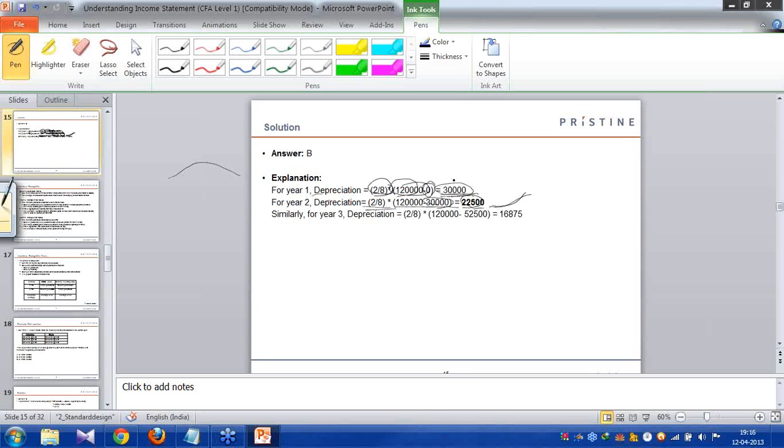Congrats. And then for the third year we can even proceed this way. The accumulated depreciation will be 30,000 plus 22,500, which gives 16,875. You can go on until we reach the salvage value. So here's a small example to help you understand.